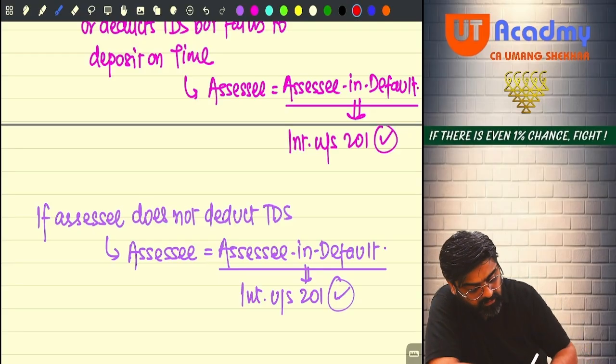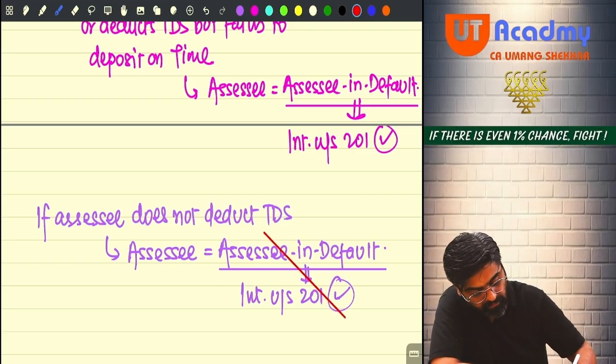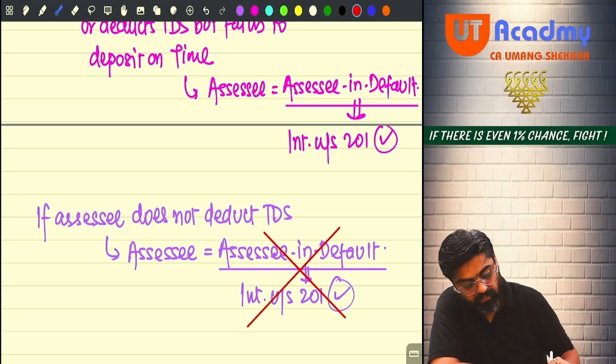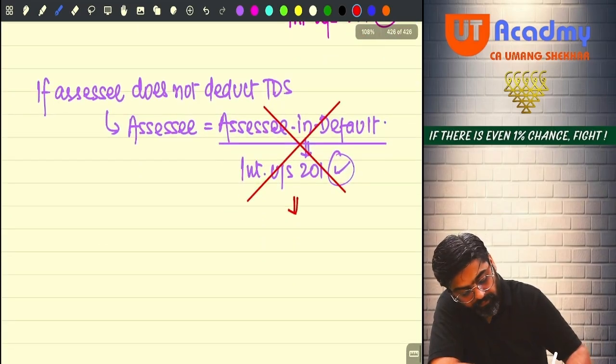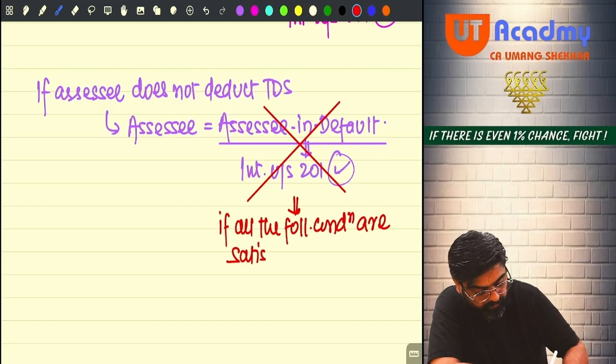But wait. Even if the assessee has not deducted TDS, still he will not be treated as assessee in default if all the following conditions are satisfied.